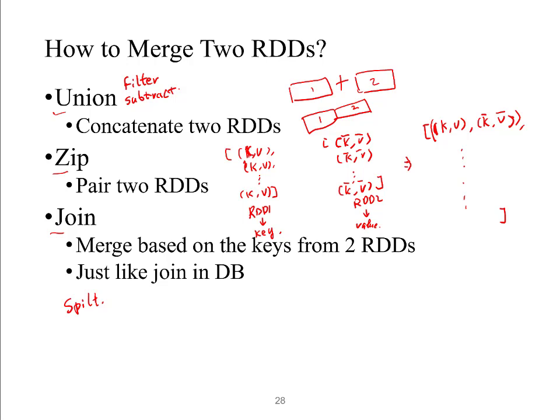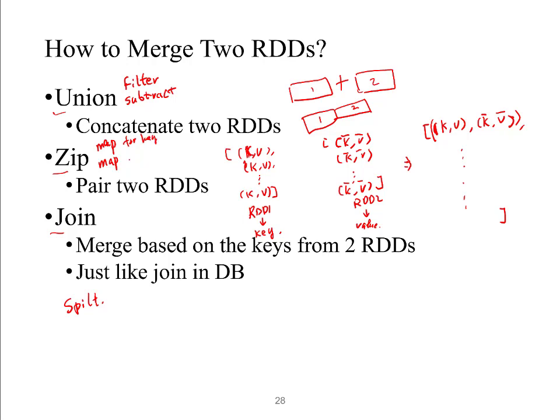For the inverse operation of zip, to the best of my knowledge, I didn't find one. So if you're going to do that, you would probably need two maps. For one map, you take the keys out as a new RDD, and for another map, you take the values.